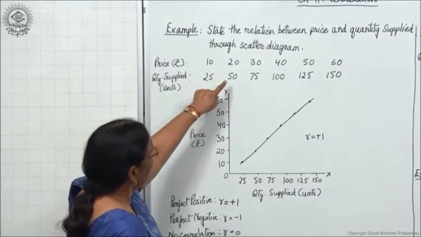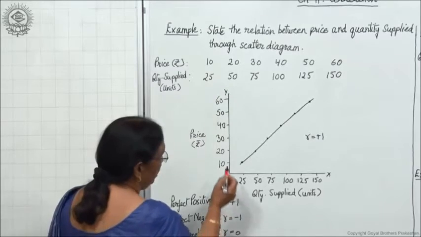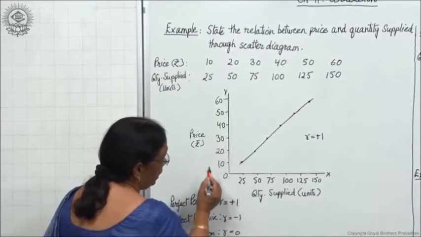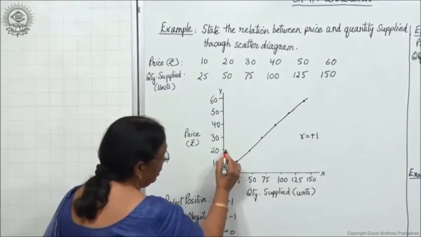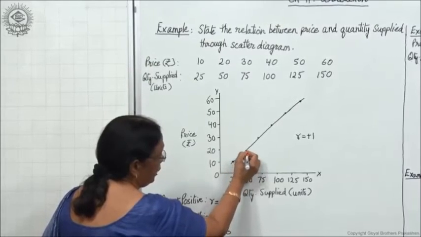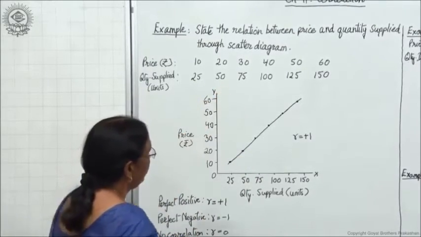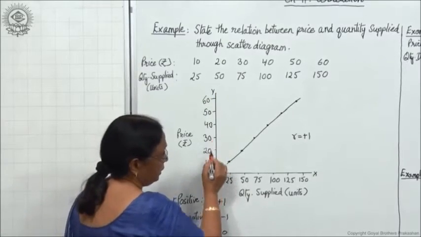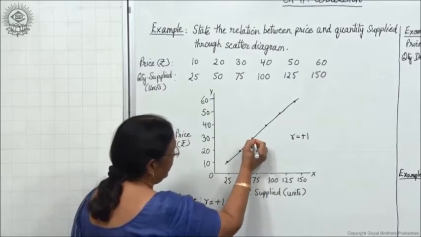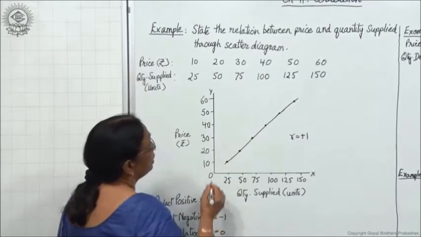Then at 20, supply is 50. At price here 20, supply is 50, match this with this, you get this point. Then 30 and 75, price is 30, supply is 75, we get this point.